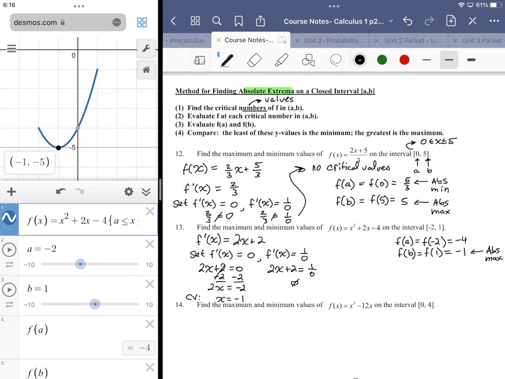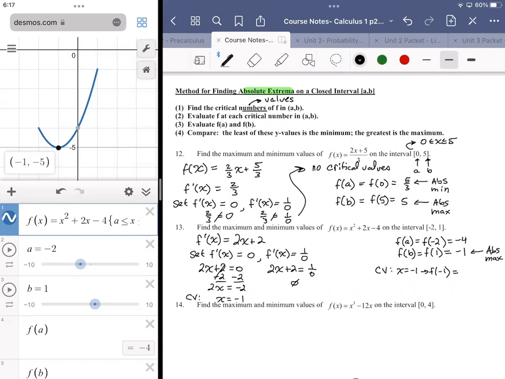So what we do to find the absolute extrema is we just pop that in. Our critical value, x equals -1, gets plugged into the original function, and we just take note of what the corresponding y value is.